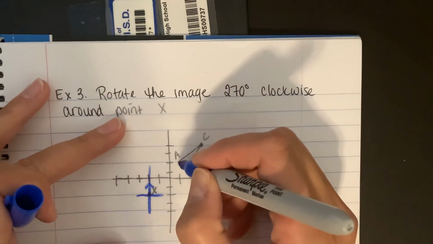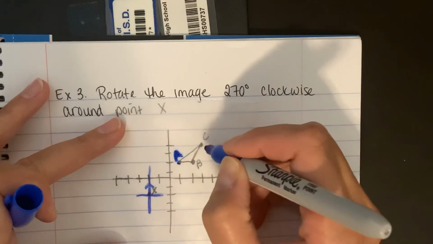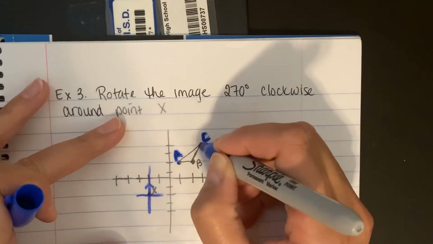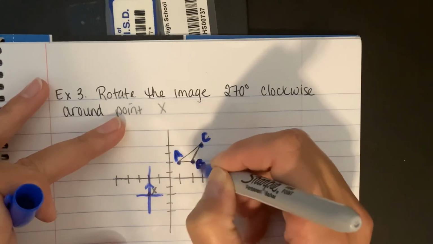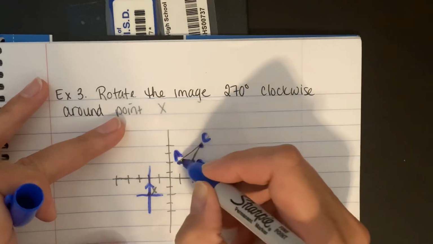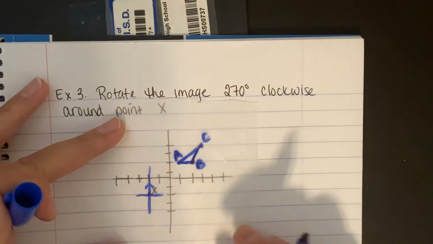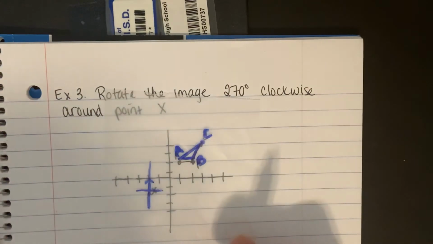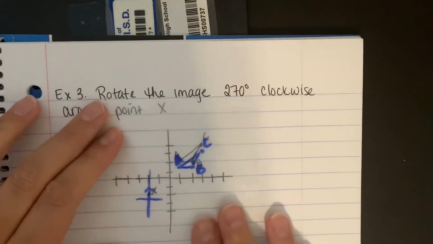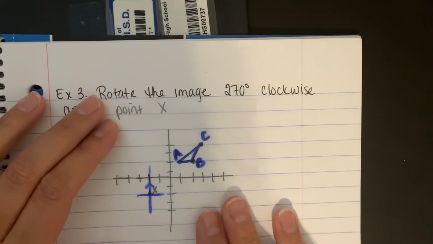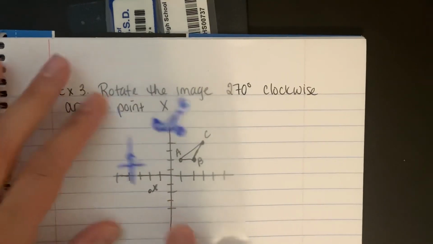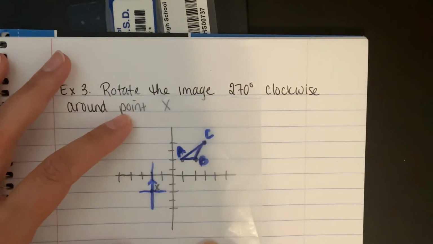And then we're still going to trace A, C is here and B is here. Now you just have to make sure it's lined up. That's why I had X be on this line, because otherwise it wouldn't be as easy to do.